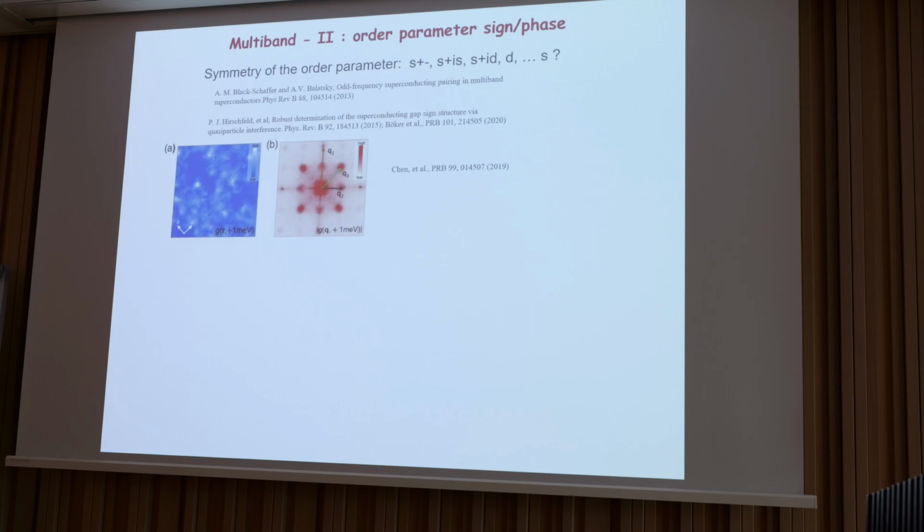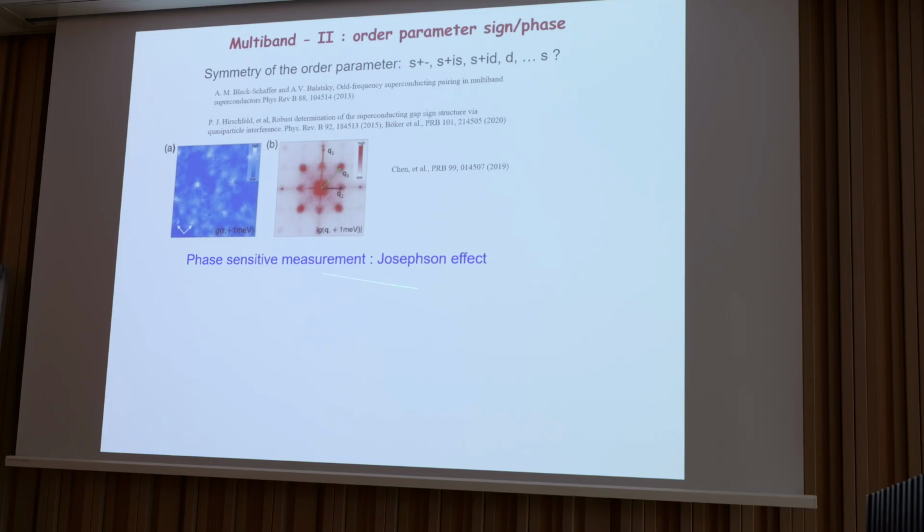Of course, this quasi-particle interference still only shows us an amplitude. But with some clever analysis, they concluded that this is consistent with S+-. But of course, it would be very good to have a direct probe of the phase of the order parameter.